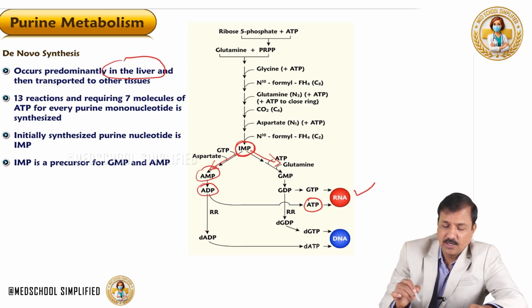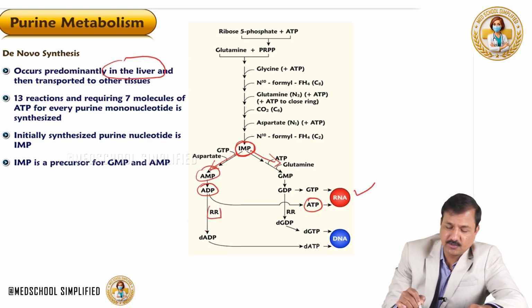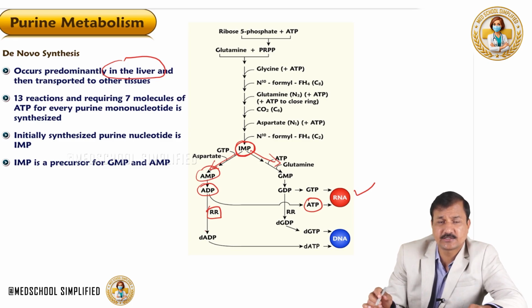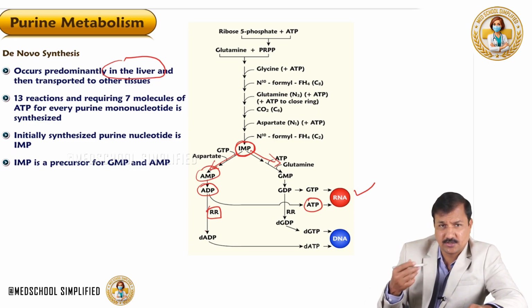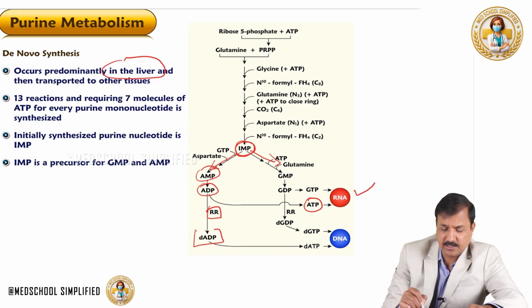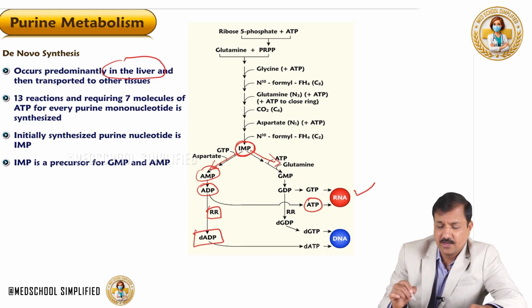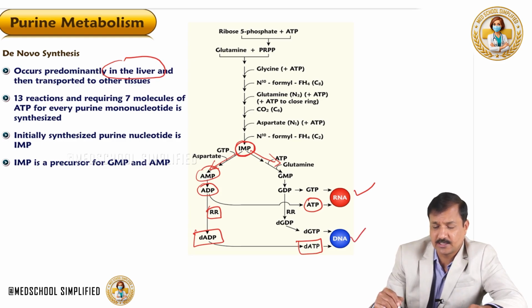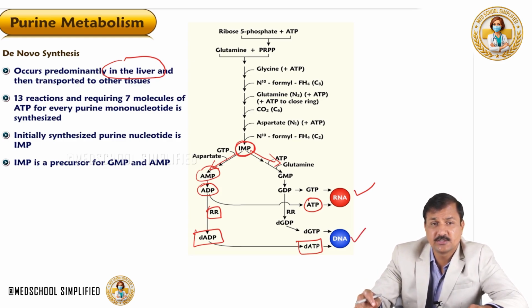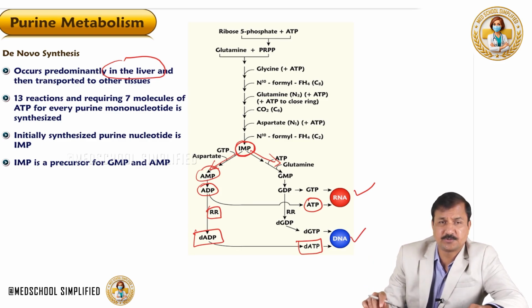Or adenosine diphosphate can undergo the ribonucleotide reductase reaction, where a ribose sugar is converted to deoxyribose sugar to make deoxyadenosine diphosphate, which will be further converted into deoxyadenosine triphosphate to take that into DNA formation. This is how the adenosine monophosphate goes.